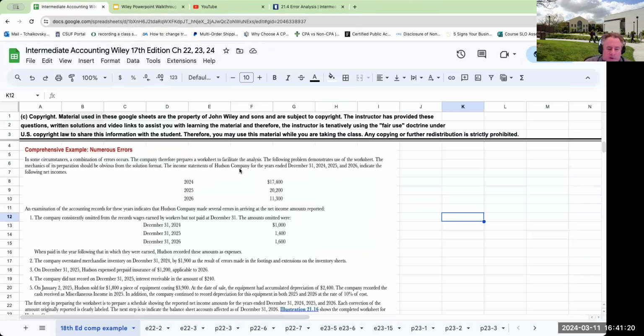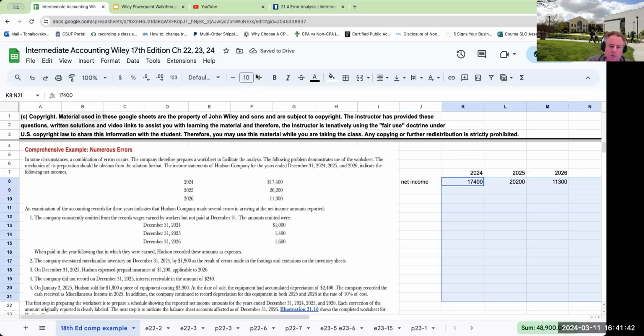The income statements of Hudson for the years ended December 31st, 2024, 2025, and 2026 indicate the following net incomes. So we have over here 2024, 2025, and 2026, where net income was 17,400, 20,200, and 11,300.